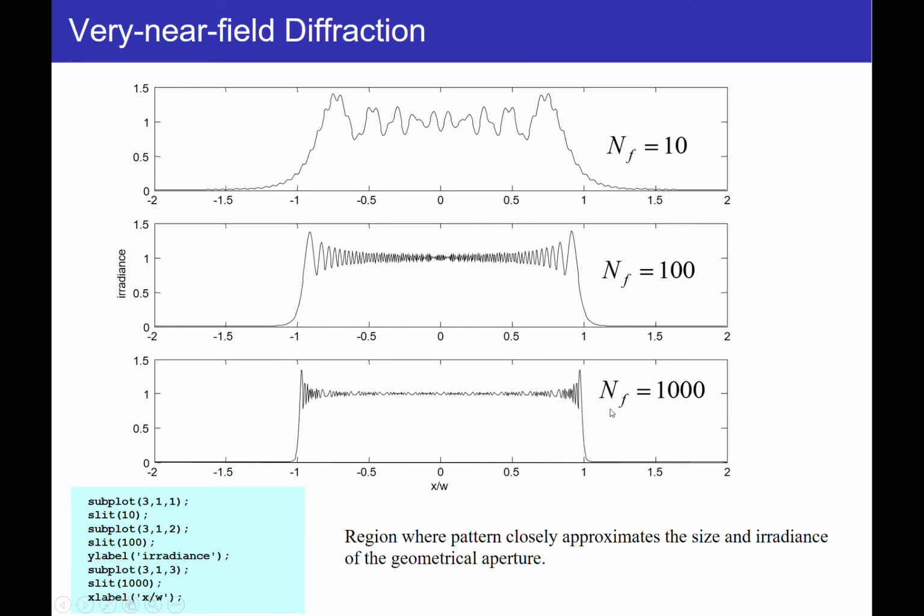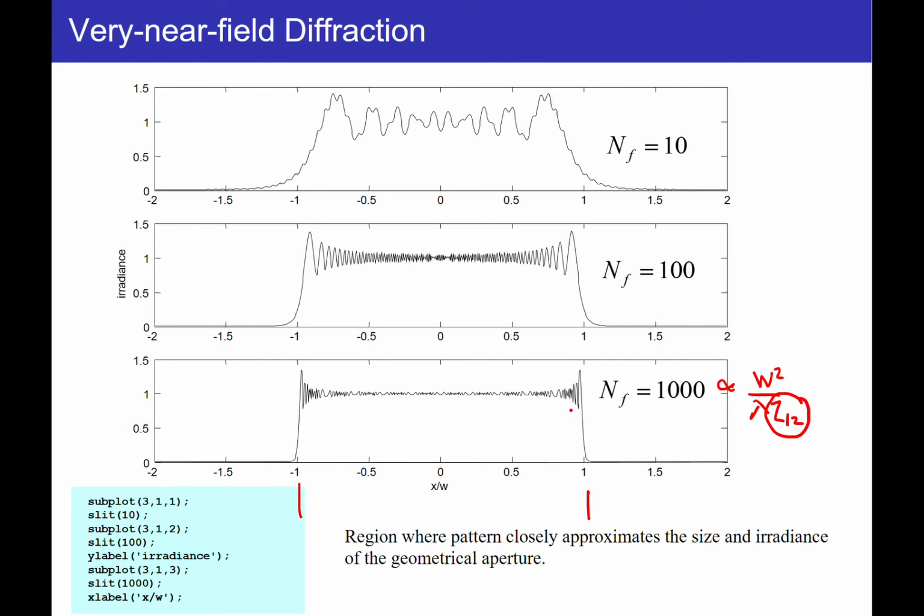So remember that nf, the Fresnel number, is inversely proportional to z. That means if nf is large, the z12 gets smaller and smaller. So with a large Fresnel number, like 1000, its diffraction pattern looks like the slit itself.